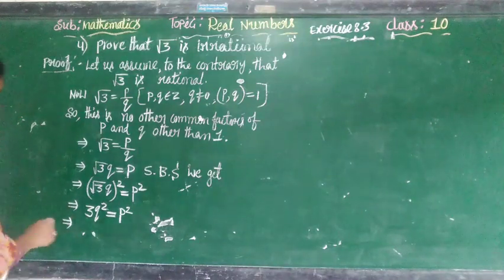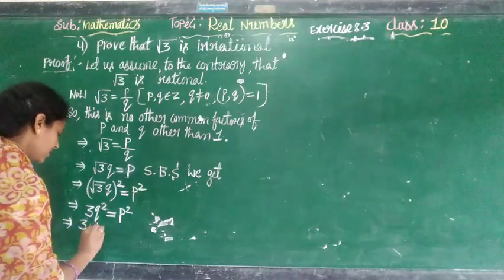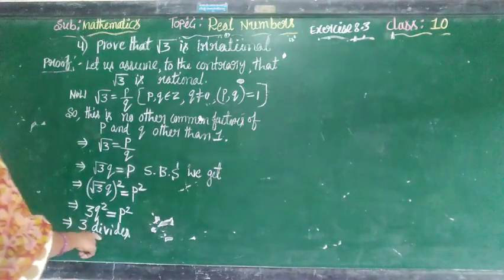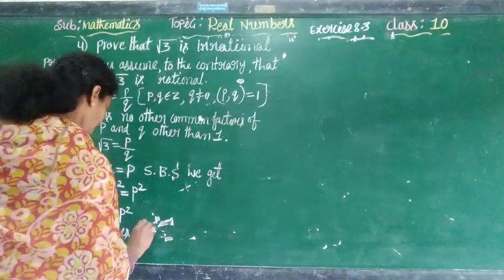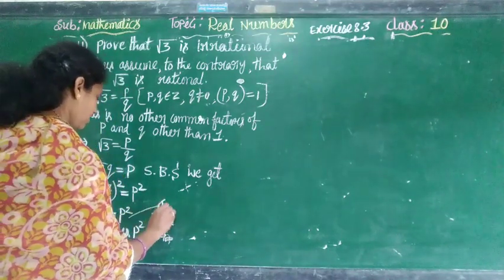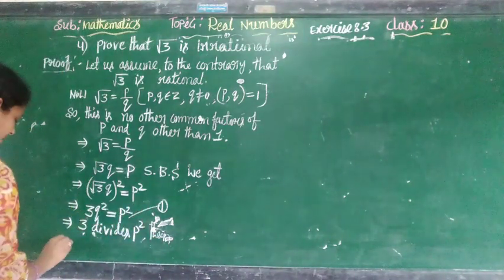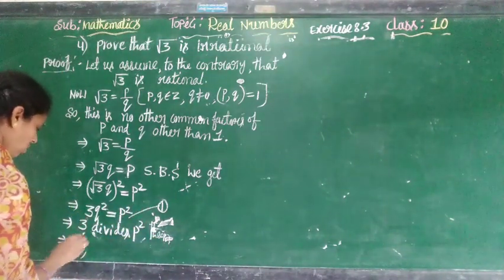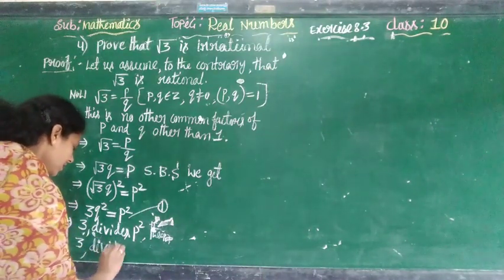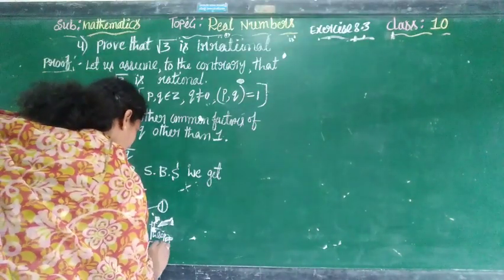This implies that 3 divides p square. This is equation 1. 3 divides p square, then 3 also divides p by theorem.